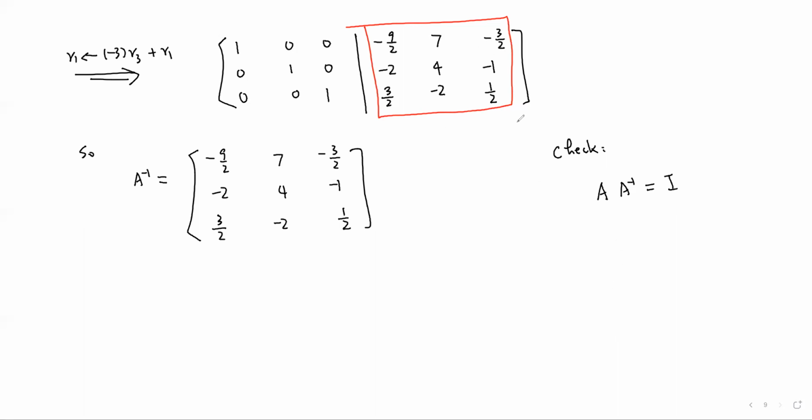If your result multiplied by A is not the identity matrix, then in some step your computation is wrong. If all the computations are correct, we should have this equation. Okay, this is example 1.